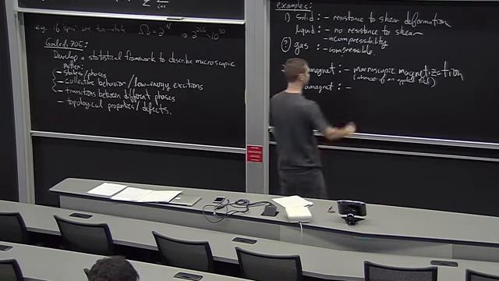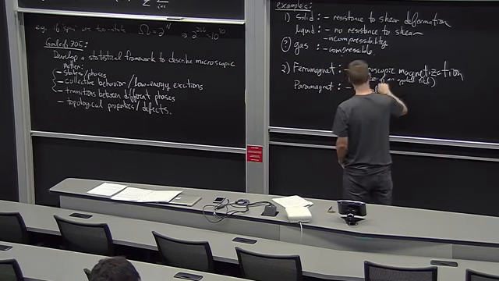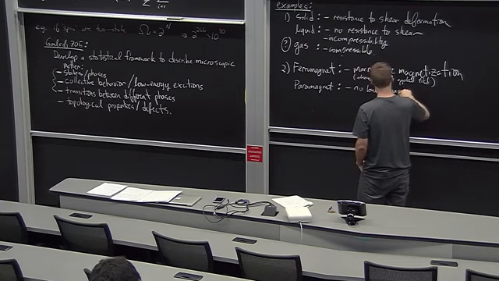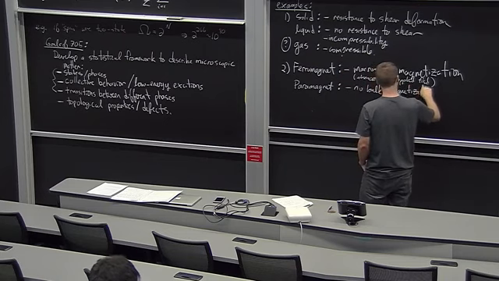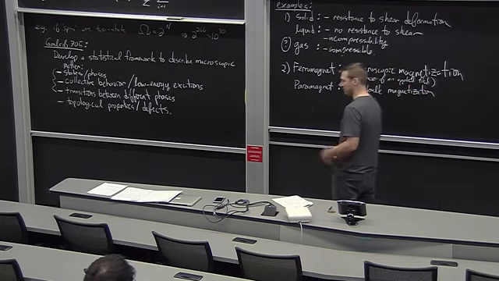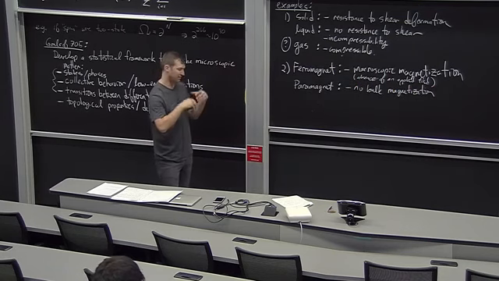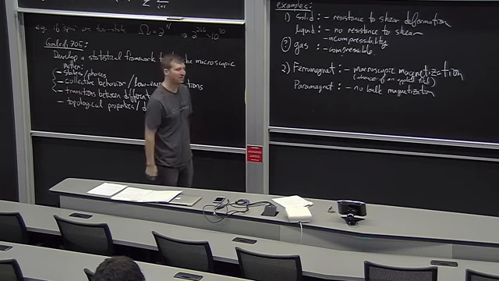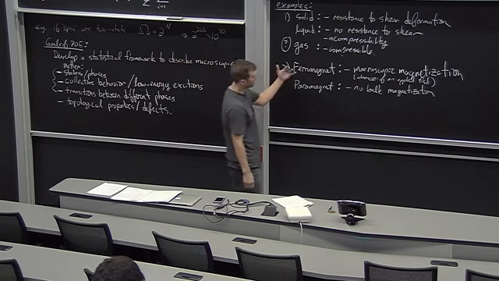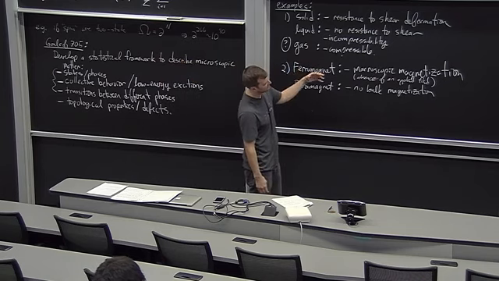No bulk magnetization. Of course, there might be some magnetization at some microscopic scale if you look at an individual atom or something like that. So again, these are bulk properties.